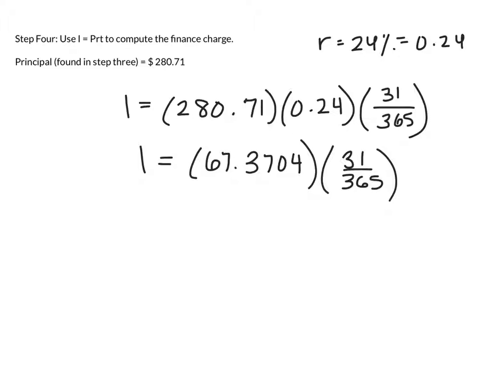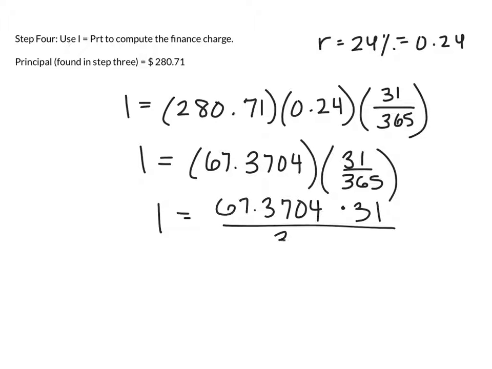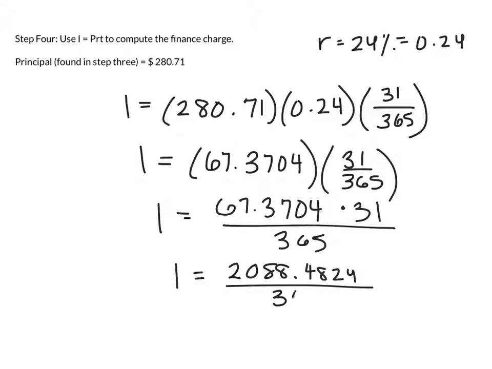So in order to use the fraction, we'll just do 67.3704 times 31 and then divide that by 365. So 67.3704 times 31 is 2,088.4824.